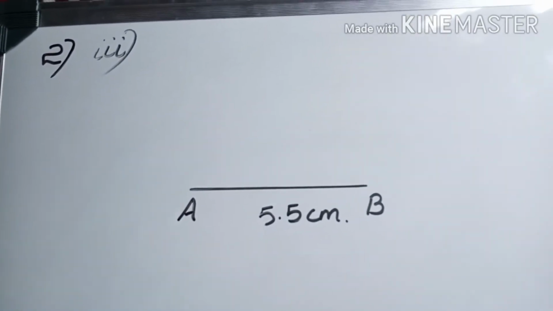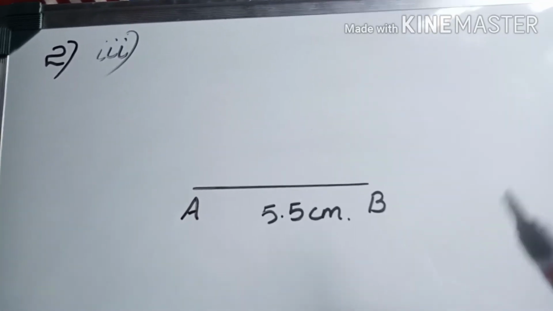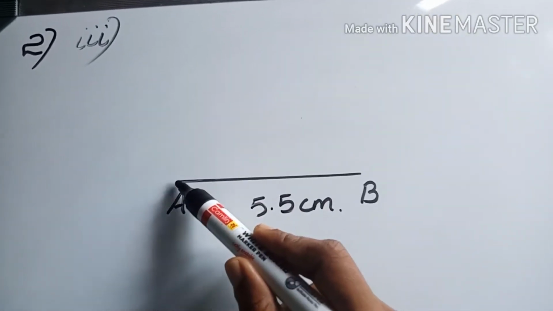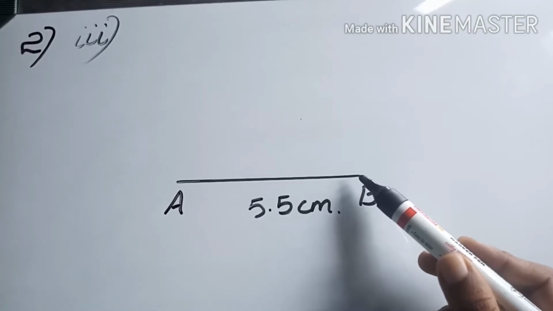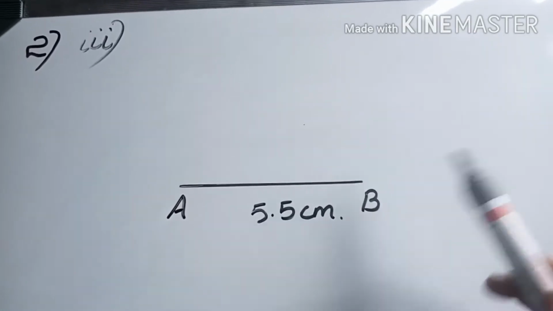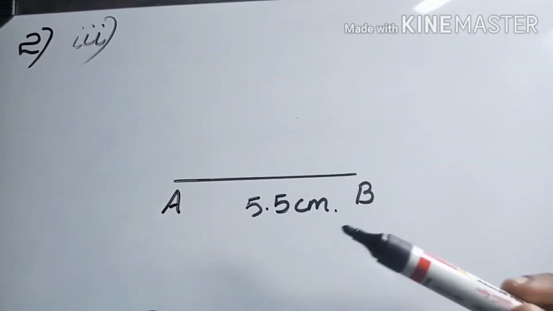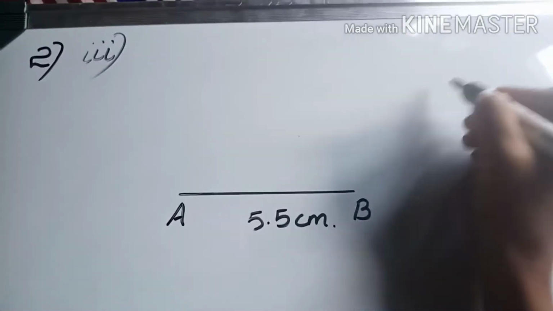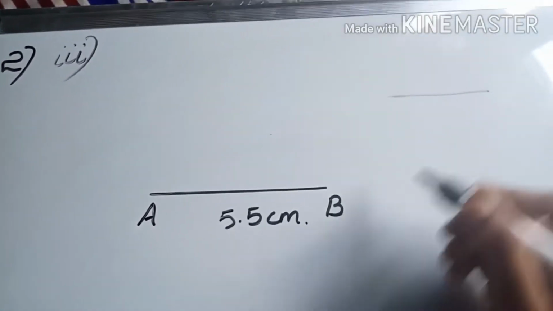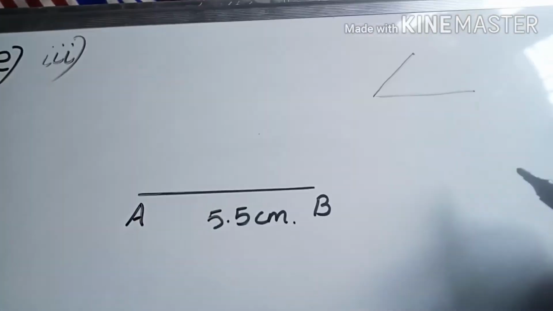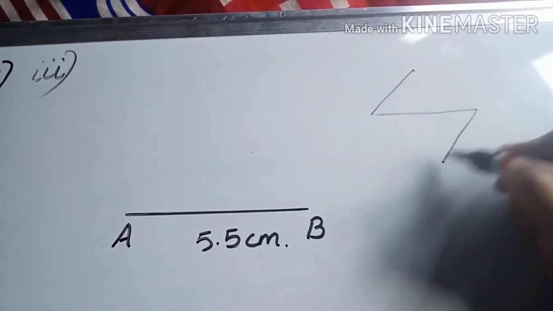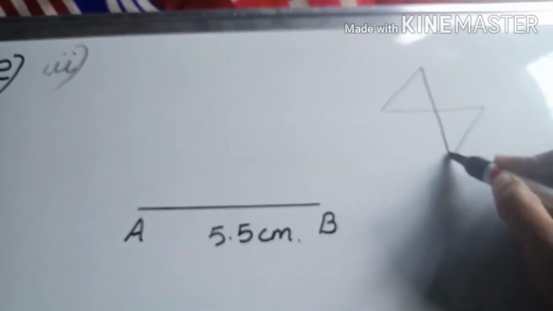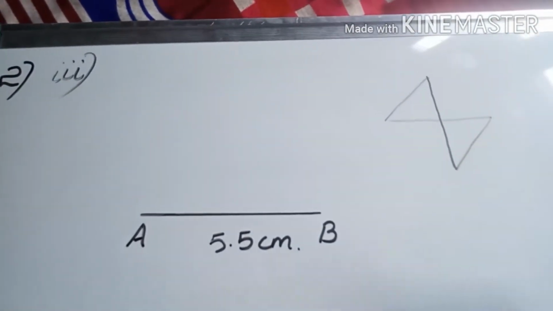Next, we have to draw two lines from the point A and from the point B. Just check the figure given in the textbook. What was the figure? One line like this, then from this point one line, from this point one line, then these two lines are joined. This was the figure given in the question.